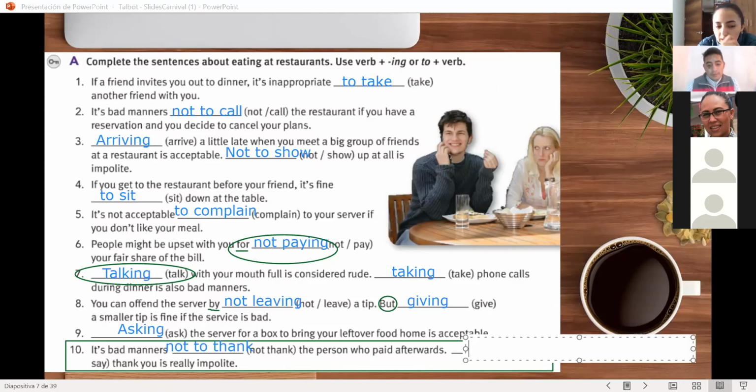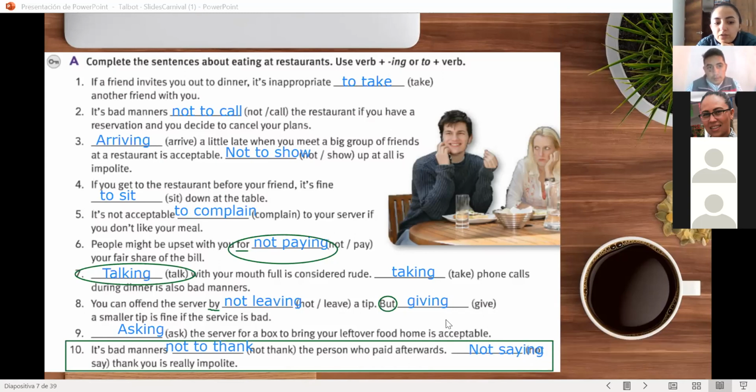Ajá, thank you, Majito. Aquí tenemos el caso de dos, ¿no? El primero tenemos it's bad manners not to thank. Es de mala educación no agradecer a la persona que pagó al final, ¿no? Y la última, ¿por qué aquí tenemos not saying? ¿Qué opinan? ¿Por qué en la primera tenemos not to thank y en la segunda not saying?